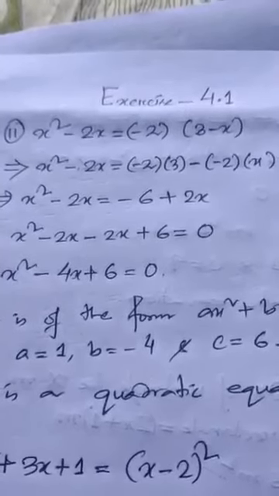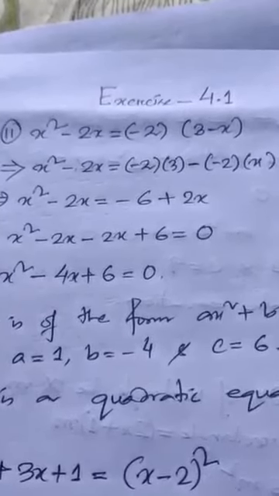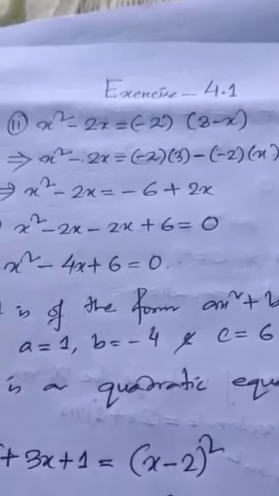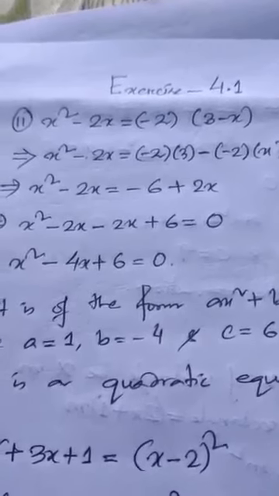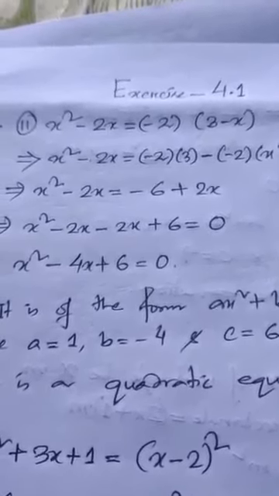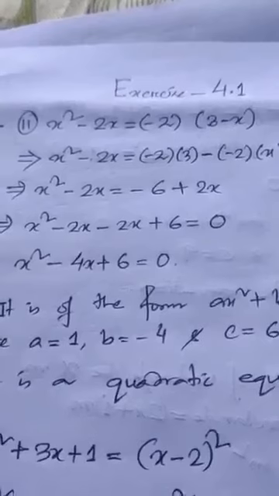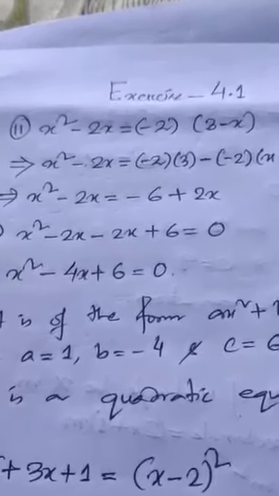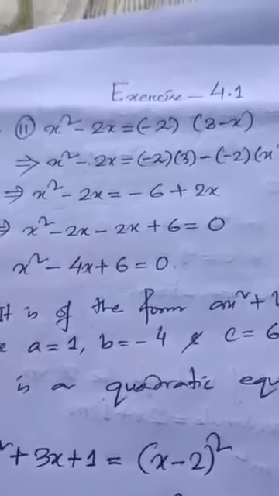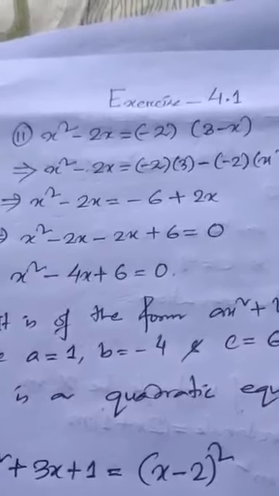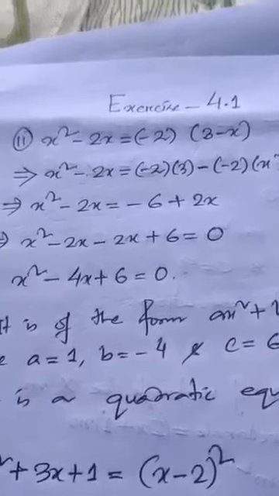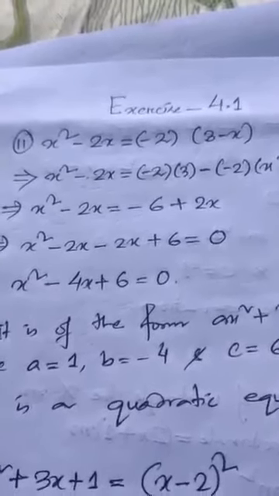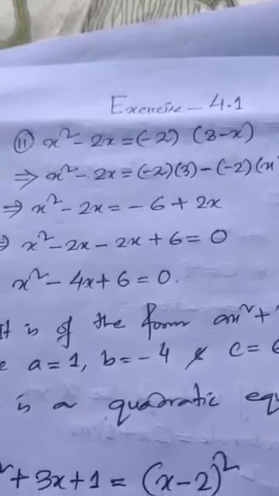So plus 2x becomes minus 2x, minus 6 becomes plus 6, and what is remaining on RHS? Only 0. And in the final step, x square, there is no other term for x square, so we'll keep it as it is. Then here we have like terms, 2x, and both are having minus, so we'll add them and we'll get 4x.